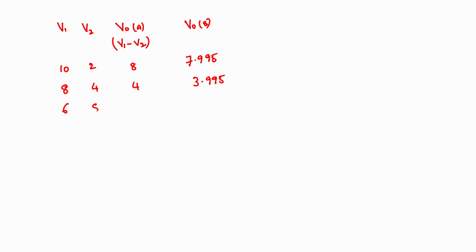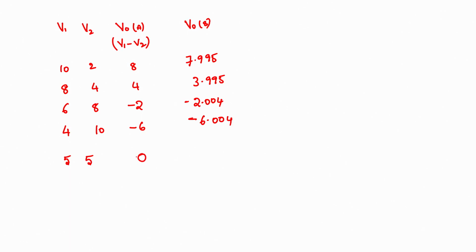When we apply 6 and 8 as input voltage, we got minus 2, and even here we got minus 2.004. What about here? 4 and 10, we got minus 6 when we calculate theoretically, and in simulation we got minus 6.004. And we have also done other experiments when both inputs are the same, which are nothing but common mode signals.